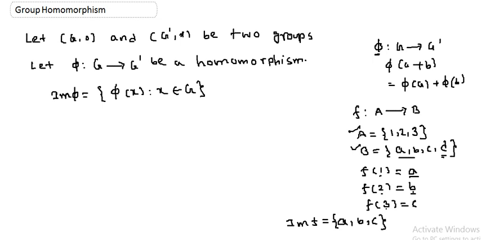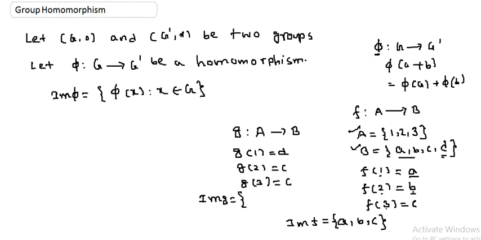Let me define another function g from the same set A to the set B. Now g is defined in this way: g of 1 is d, g of 2 is c, and g of 3 is again c. In that case the image of g is, again, you can see that only at the points c and d of the set B are the points of the set A mapped.